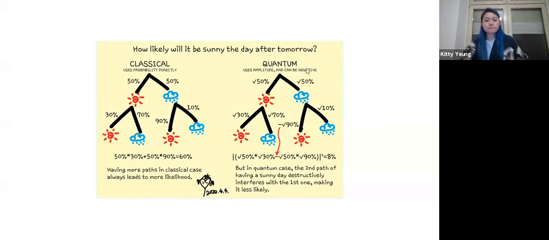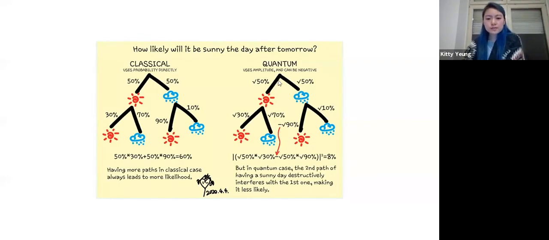So we take a square root of these numbers. But then because with amplitudes we don't have any requirement on their signs, as I mentioned earlier, it could be positive, negative, or even complex numbers. For the sake of proving this, I'm just randomly assigning a minus sign here and seeing what happens.